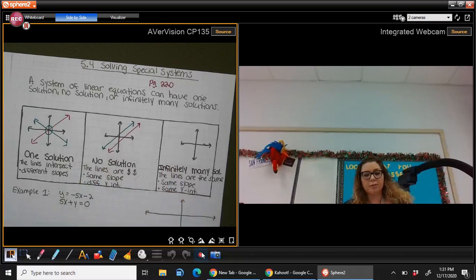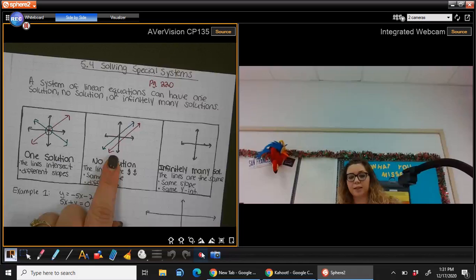It's just going to keep going on forever, so it has no solution at all. You're going to have the same slope, but a different y-intercept. If you get a graph that looks like this, your answer is no solution.